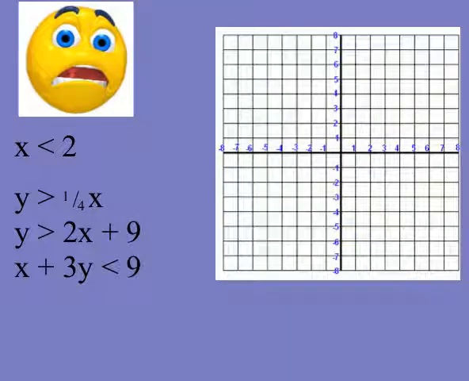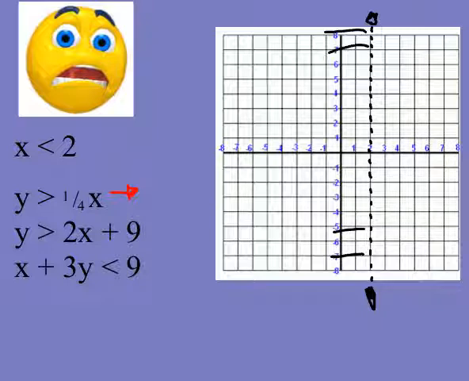Last but not least, I got this scared guy here, nervous, shaking, because there's 4 of them. Let's just look. X is less than 2. So this one is my favorite. I can jump to it right away. Alright, off the graph. It's over here somewhere. It's to the left. So that's black. This one, it has a slope of up 1 over 4.